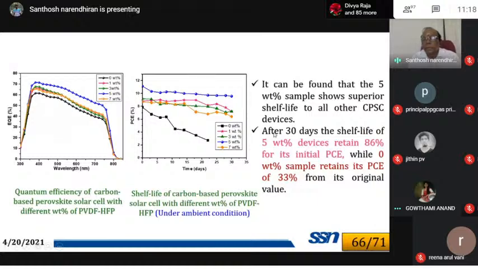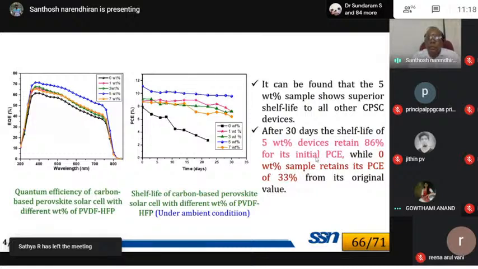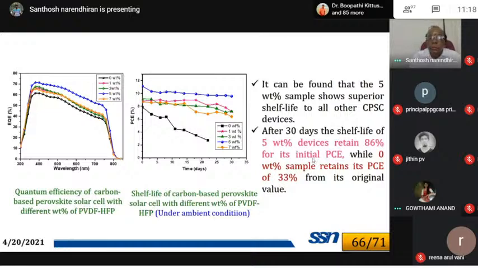So after 30 days, the 5-8% devices retain 86% of their initial PCE. But if you make a comparison with silicon solar cells, those cells are there for about 20-25 years. It takes such a long time for them to come down in their efficiency.